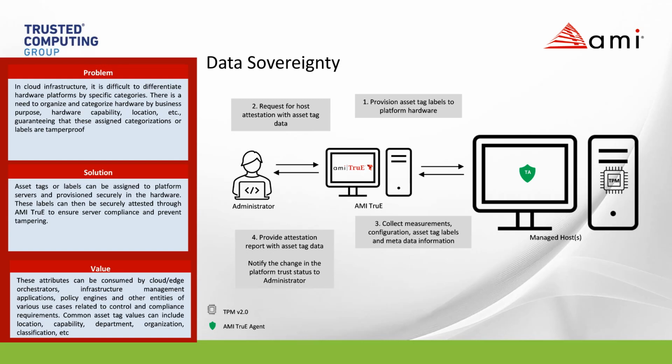So the AMI True attestation service will have the keys internally and encrypt it and keep only the hash values there in the TPM. So anybody who wants to read the TPM from other applications cannot even read it. Even if they read the information, they cannot see what is inside, what all the tags stored are, something like that.